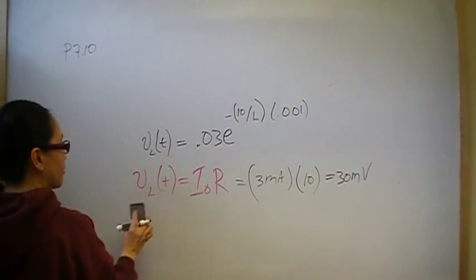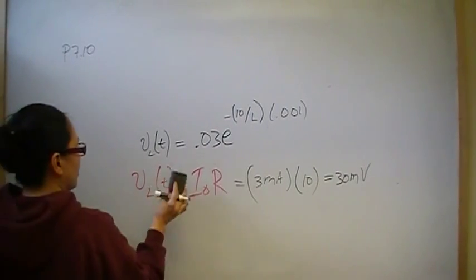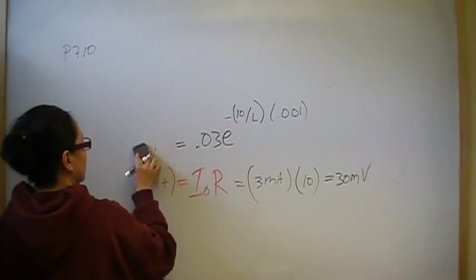And we're looking for 1/2 of the initial value. The initial value was 30 millivolts, so I'm looking for 15 millivolts.